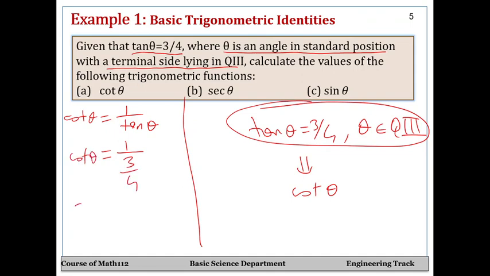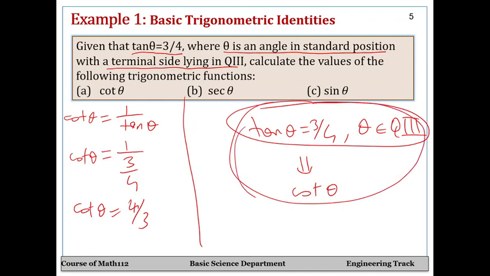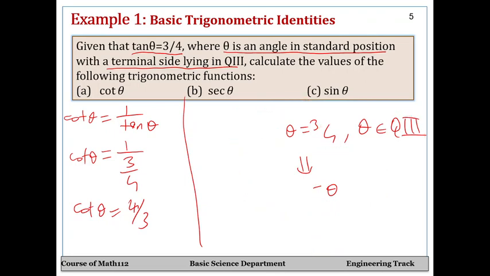So this has to be 4 over 3. We were finding this with some other methods, then checking the reference angle, but here it's easy to use an identity.